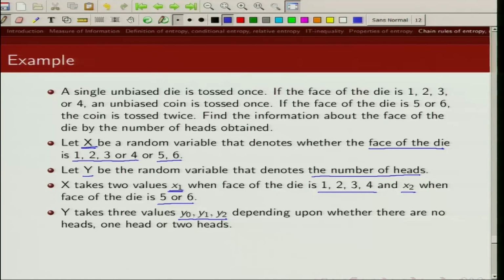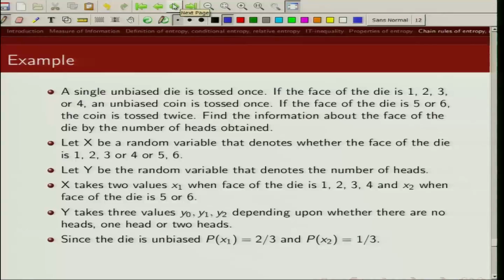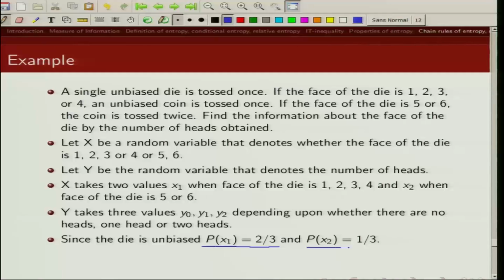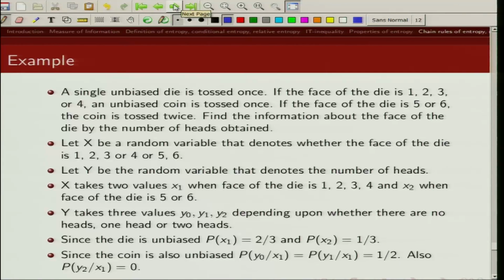Similarly, my outcomes I am writing as y0, y1, y2, denoting no head, 1 head, and 2 heads. As I already mentioned, the probability of getting x1, which is the face 1, 2, 3, 4, is 2/3 because it is a fair dice, and the probability of getting 5 or 6 is 1/3.